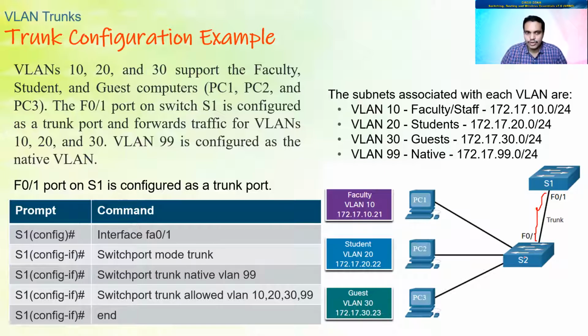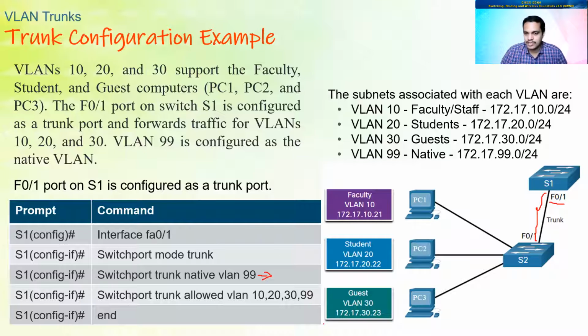Then I type switchport mode trunk, and switchport trunk native vlan 99. This assigns the native VLAN as 99. And because there are three VLANs here, I'm saying switchport trunk allowed vlan 10,20,30,99.